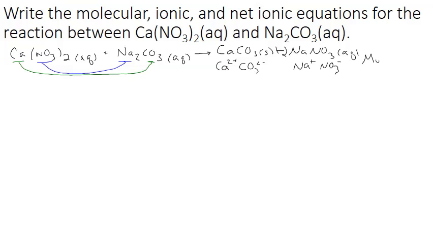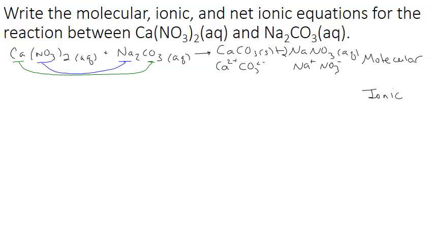This is what we call the molecular equation, and that's because all of the species are shown as neutral molecules, even though they're not really molecules, but they are not shown in their ionic state. Now, an ionic equation shows all species that are dissociated in the solution.